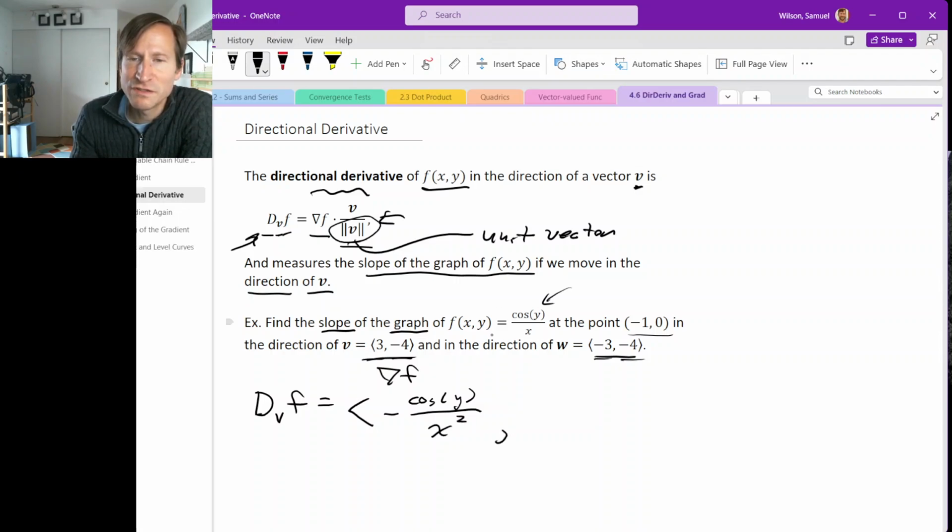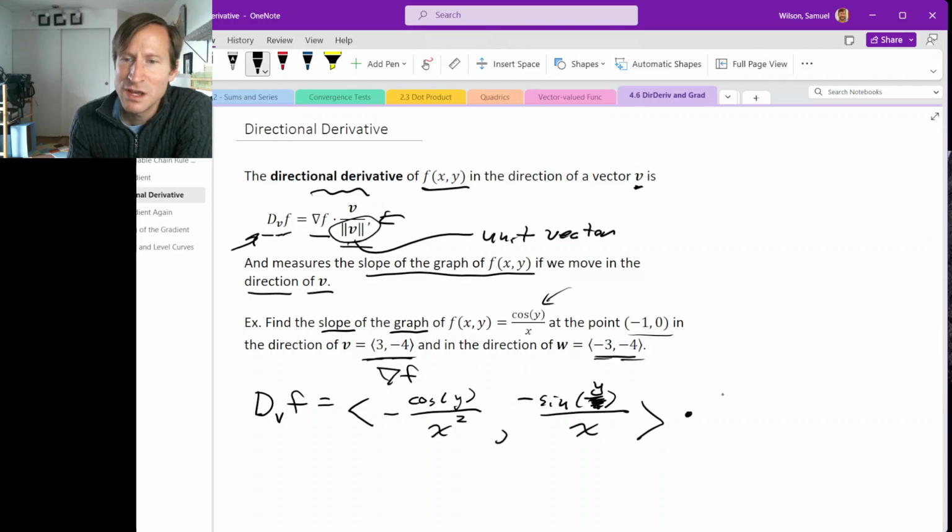And then the partial derivative of f with respect to y is going to be minus sine y over x. Okay, so there's our gradient vector. Now we need to dot that with v, which is 3 comma minus 4, over the magnitude of v.